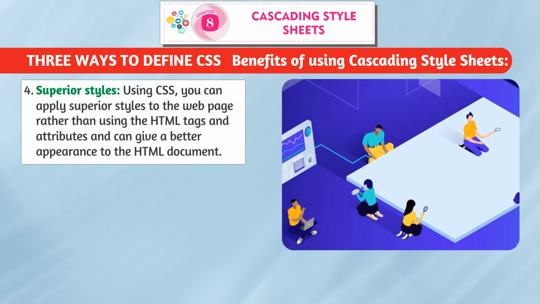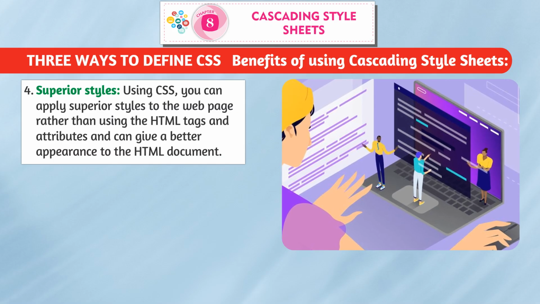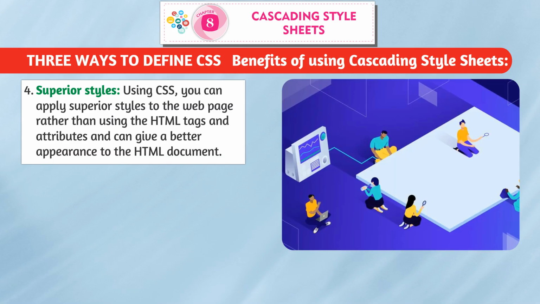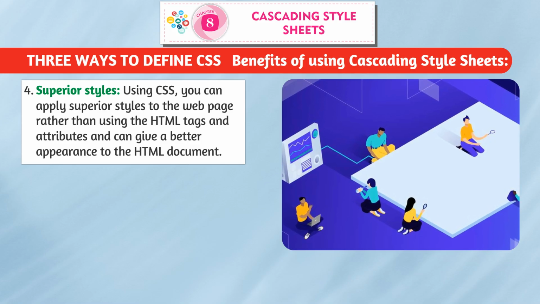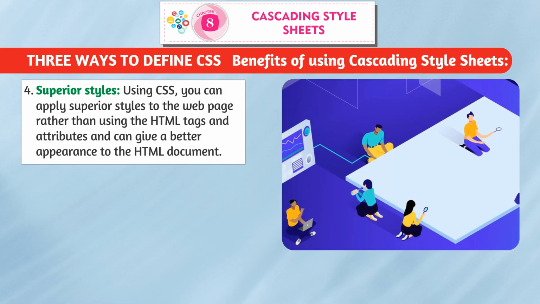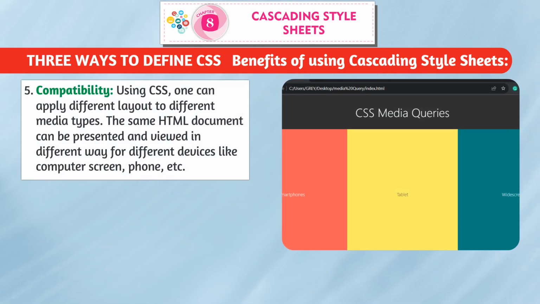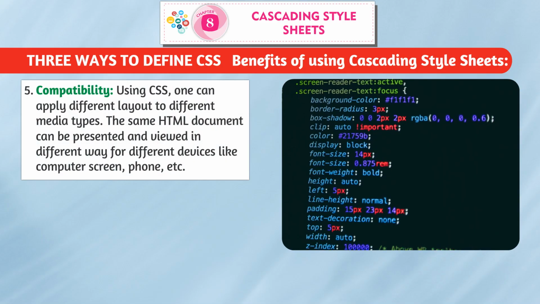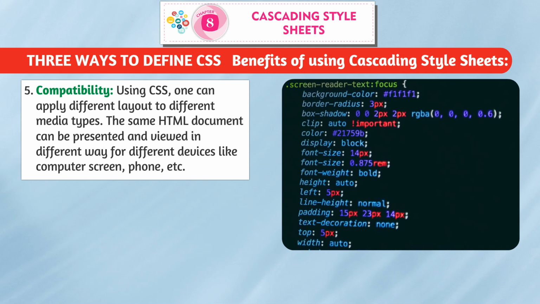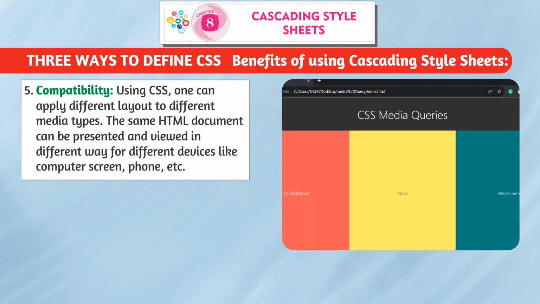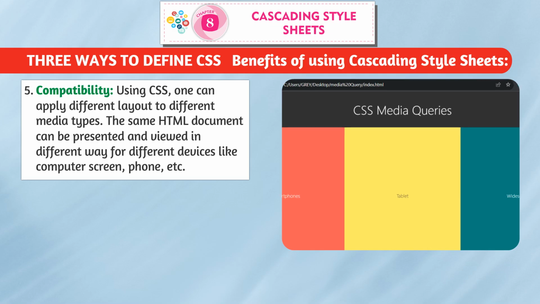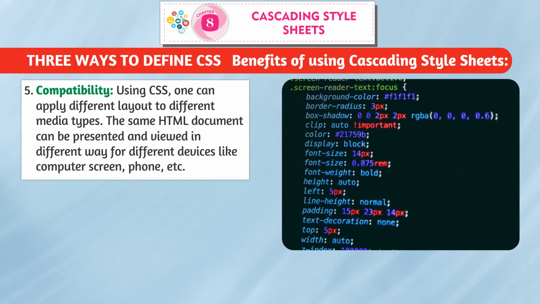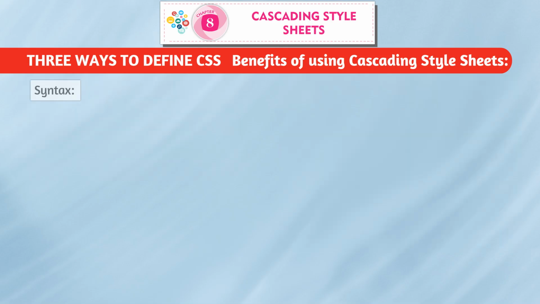Using CSS, you can apply superior styles to the web page rather than using the HTML tags and attributes, and can give a better appearance to the HTML document. 5. Compatibility. Using CSS, one can apply different layouts to different media types. The same HTML document can be presented and viewed in different ways for different devices like computer screen, phone, etc.